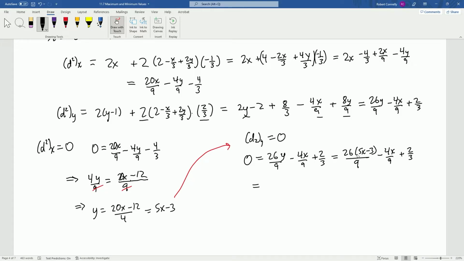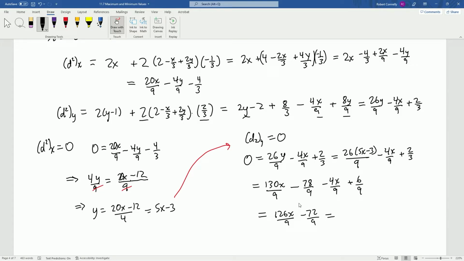Okay, so 26 times 5, that's 130x over 9 minus 26 times 3, which is 78 over 9, minus 4x over 9, plus, and then I'll give this a common denominator too. We'll make this 6 over 9. So we get 130 minus 4, that's 126x over 9. And then negative 78 plus 6, that's going to be negative 72 over 9.